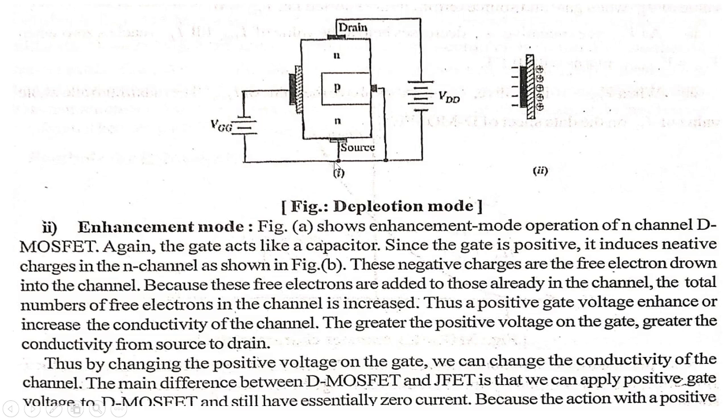The drain is connected to positive, so the electrons in the N channel will move towards the drain. This will constitute electric current in the opposite direction of the flow of electrons. So the current flows through the drain, through the channel, and goes through the source terminal.